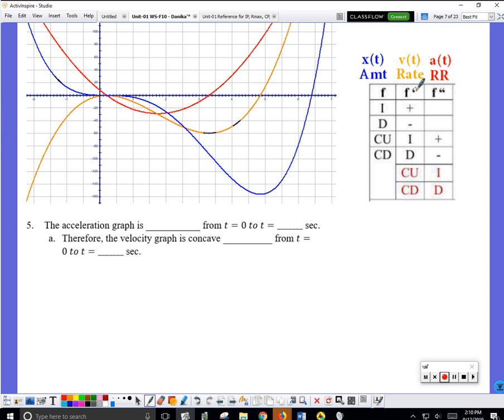Here and here, the velocity graph is concave, so they're looking right here. So let's say the acceleration graph is, oh I got it, decreasing. DC is acceptable. So the acceleration graph is decreasing from 0 to, I think the back actually says 1.75.